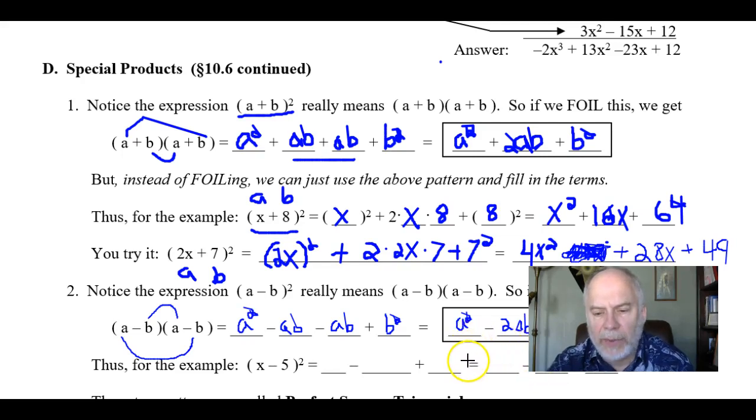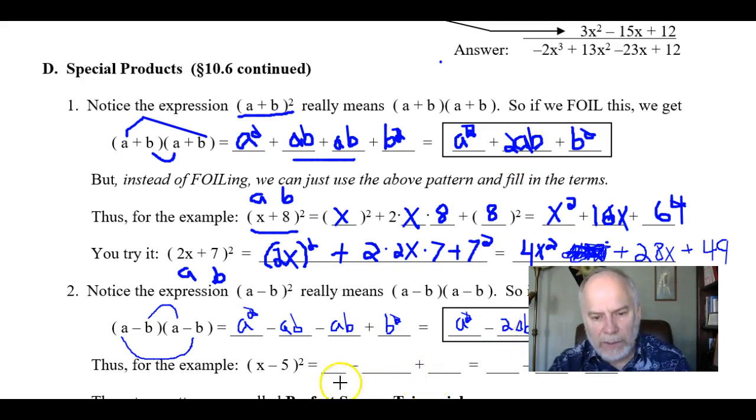So there's the pattern when you have a minus sign. The only difference between when you have a plus b squared and a minus b squared is that that middle term is not 2ab, it's minus 2ab.